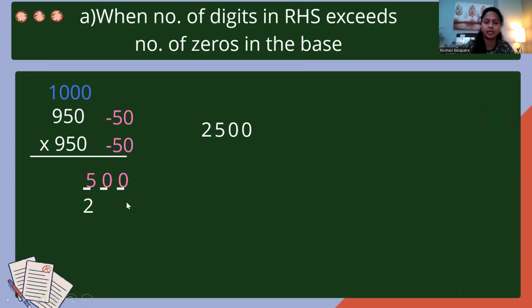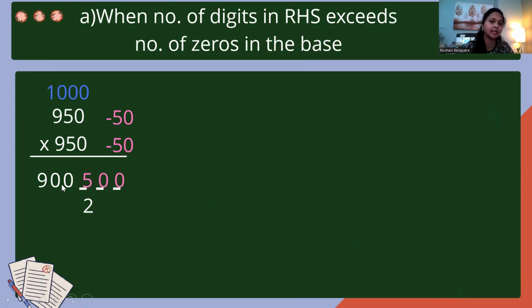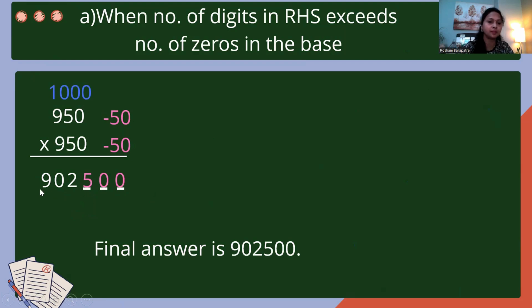Okay. Then cross answer: 950 minus 50 is 900, but still there is a carryover. So this carryover will get added here to 900. So our final answer will be this. This is our final answer.